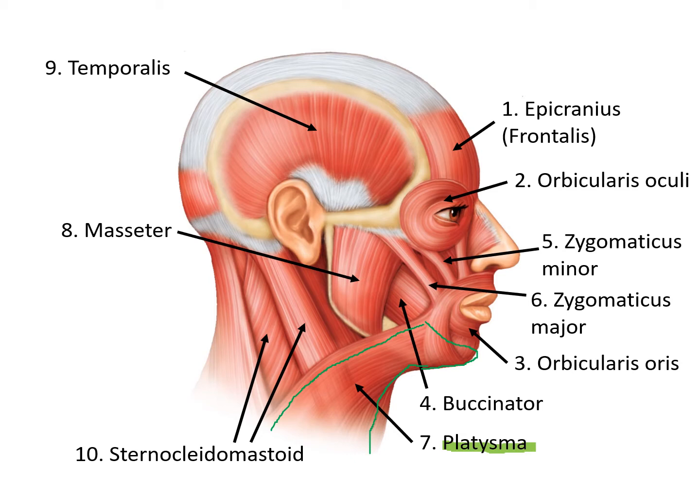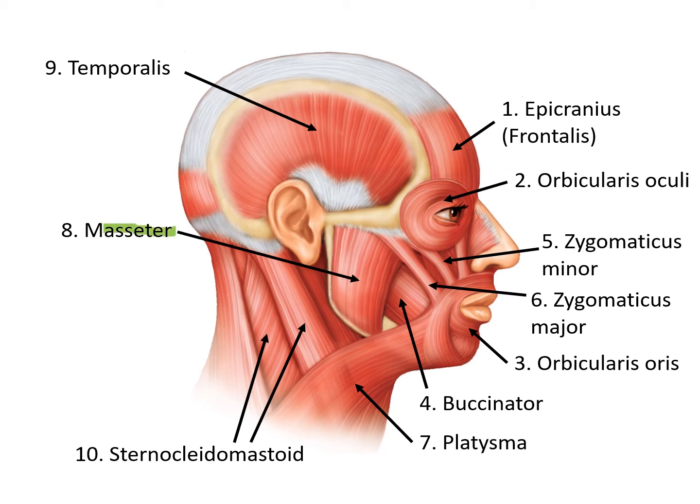Mostly what it does is pull on the face. In the lab book, there's a picture, and I believe A&P Revealed has some animations that will show you the expression you get. It kind of tenses the neck and pulls the mouth down a little. It's kind of a horrified expression. That's the platysma.